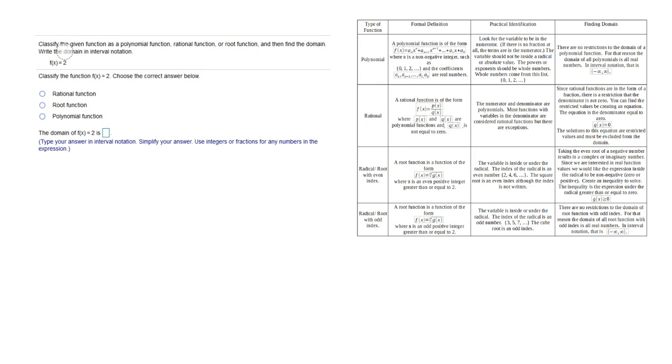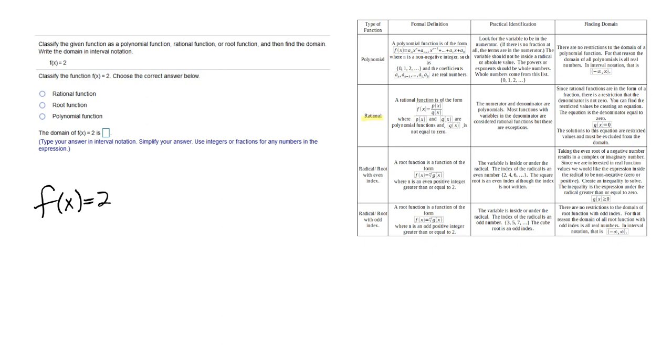This question says, classify the given function as a polynomial function, rational function, or root function. Then find the domain and write the domain in interval notation. So our function is f of x equals 2. I've got this table on the right that describes the different types of functions that we're working with.